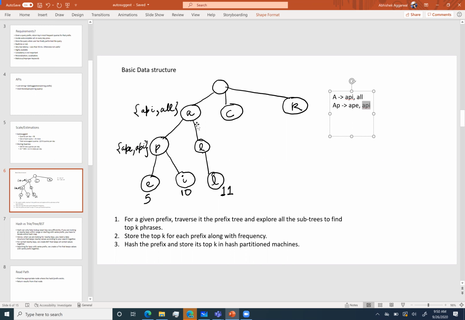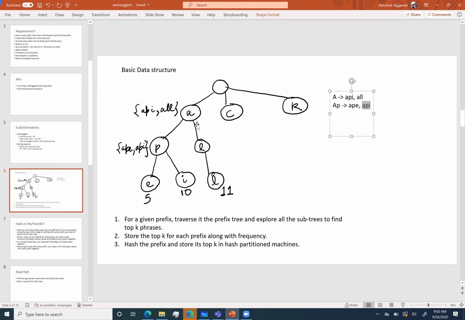What I'm saying is a mixed approach here. Instead of storing the whole sentence like API, just have a list of top N with every node, the top contributing or top searched items, and only those references. The sentences are stored somewhere else, just a hash value, so that you can look in the hash storage and get the full sentence.